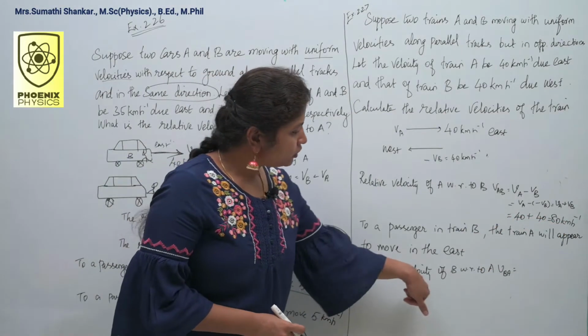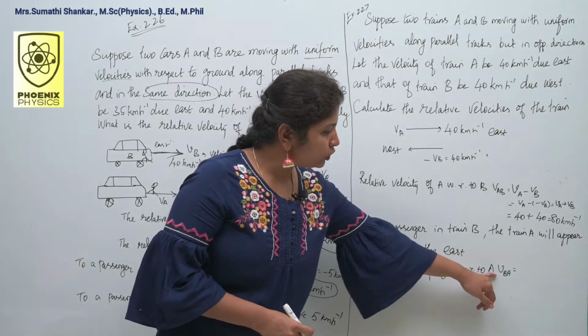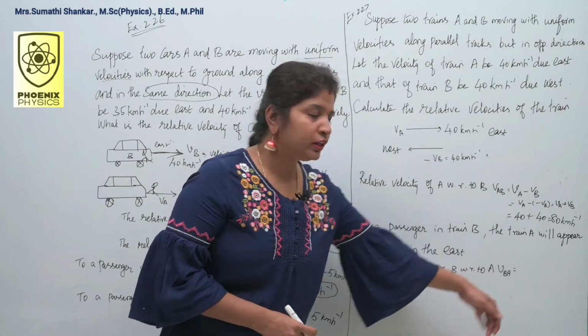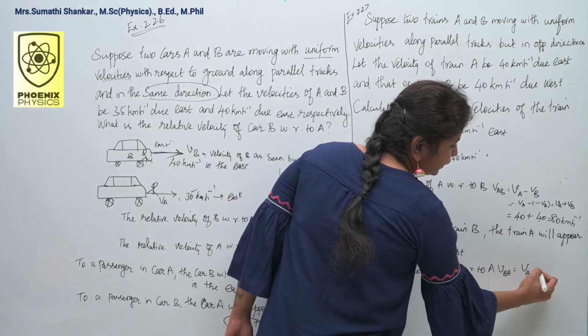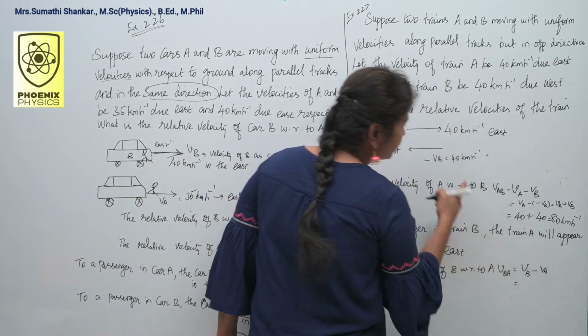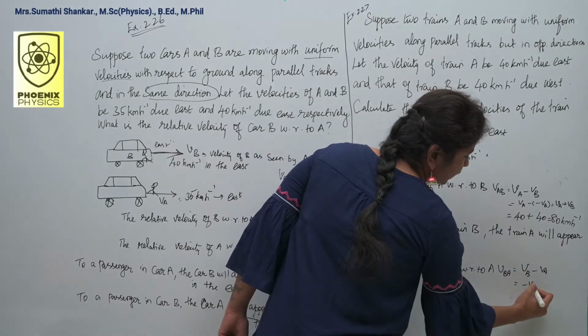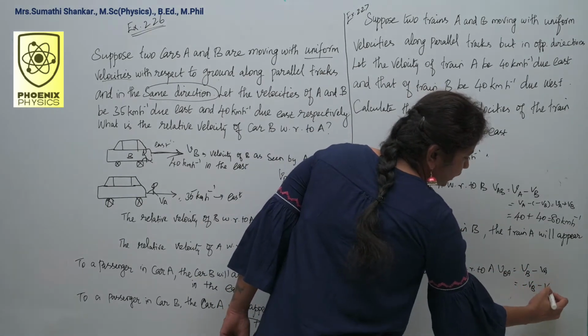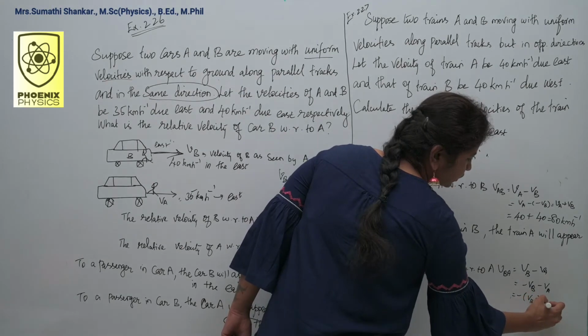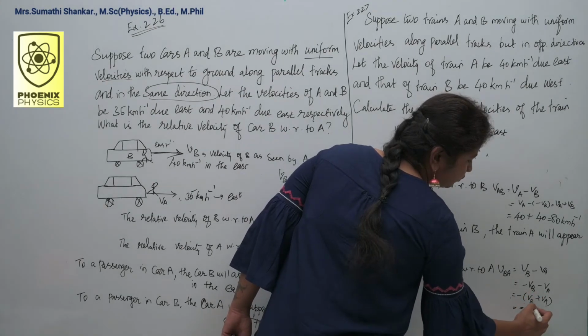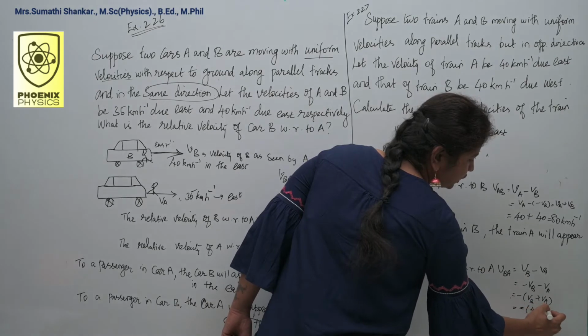Similarly, the relative velocity of B with respect to A is VBA. What is the formula? VB minus VA. Instead of VB, substitute minus VB. So, minus VB minus VA. Take minus outside, that is minus of VB plus VA. VB is 40 km per hour plus VA 40.